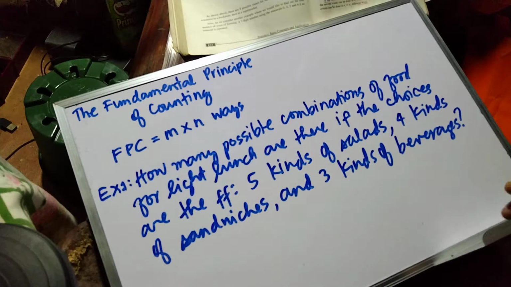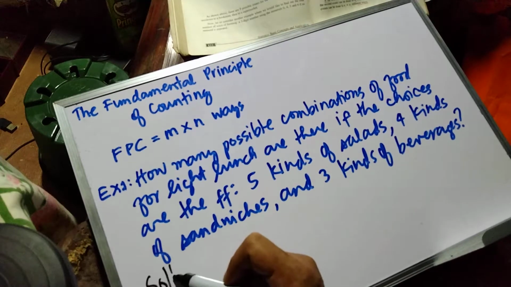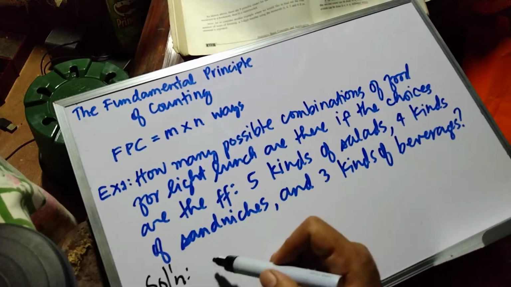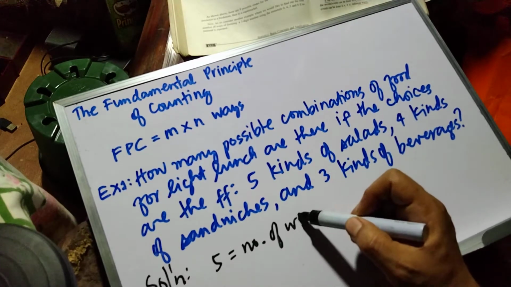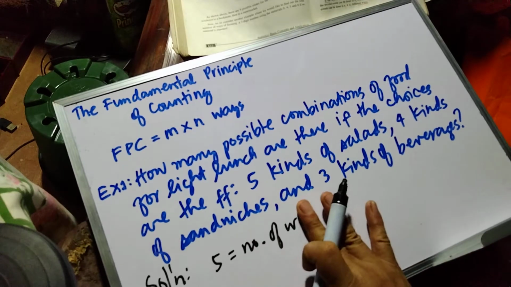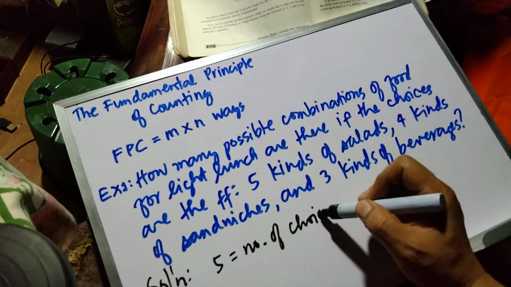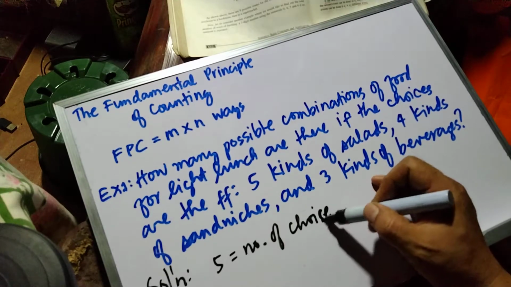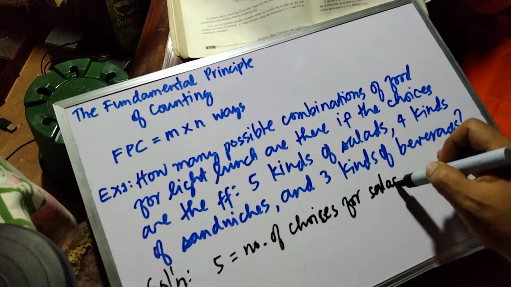Okay. So here is its solution. We have 5 equal to the number of choices for salads.